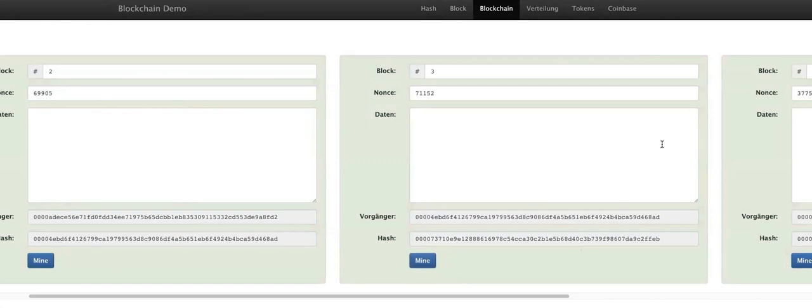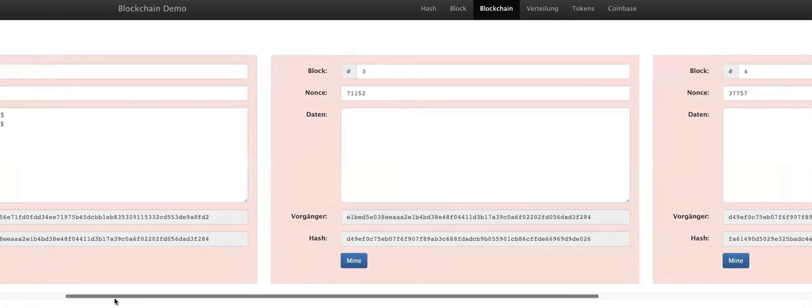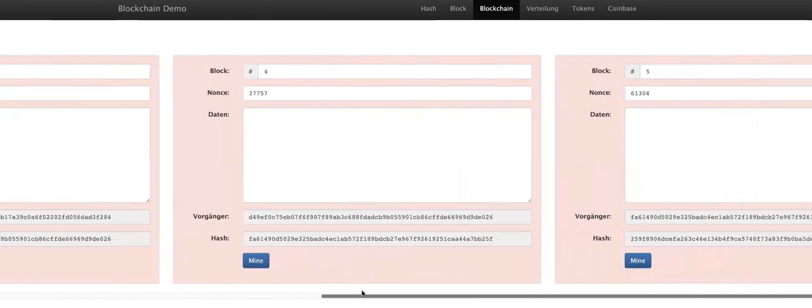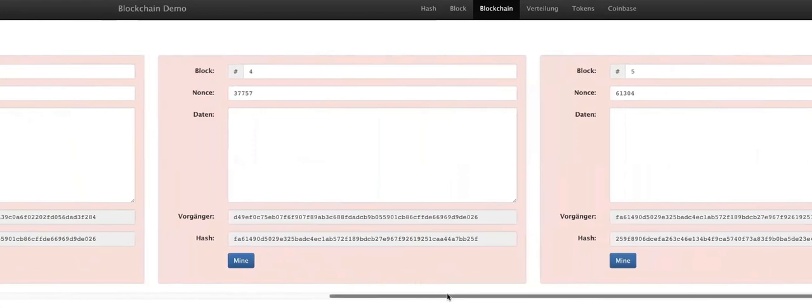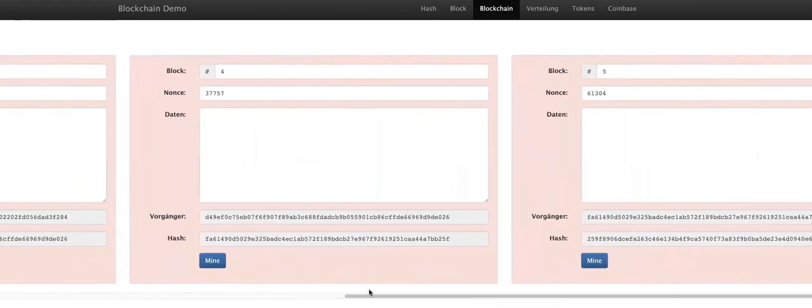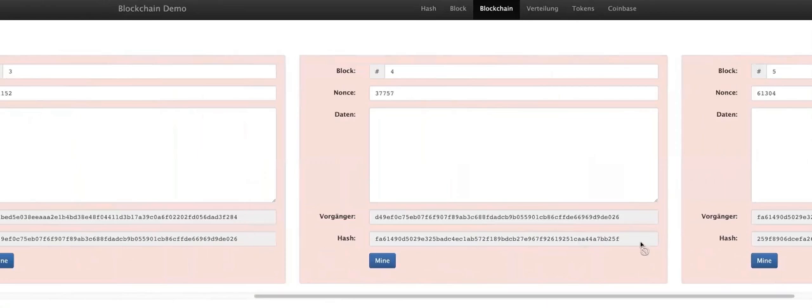Now we see that the rest of the blockchain is valid again because the nonce has been re-established. Now, if we changed anything about the data, what would happen then? Say our transactions took place here, we would see the same thing. Our hash would change in a way that makes the following blocks invalid as well. So that doesn't work. And as you can see, the longer the chain, the more ingrained the hashes from the previous blocks become in the blockchain.